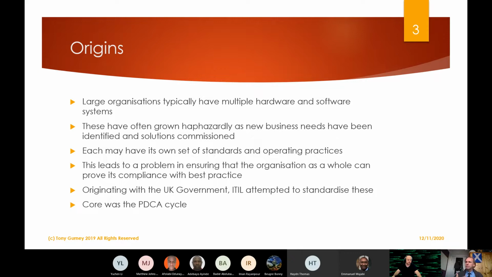That becomes orders of magnitude harder as you begin to have different types of hardware, multiple bits of hardware, multiple pieces of software. So how do you start to get that kind of organization compliant?